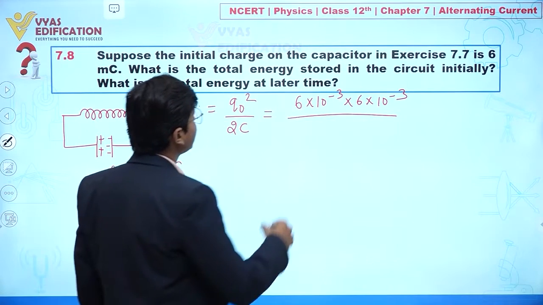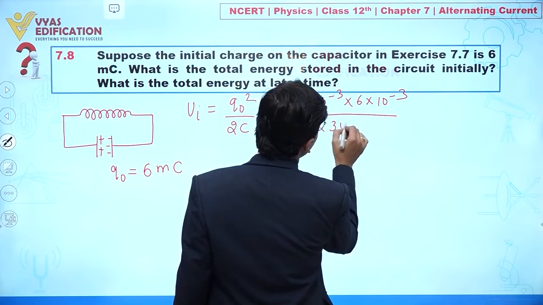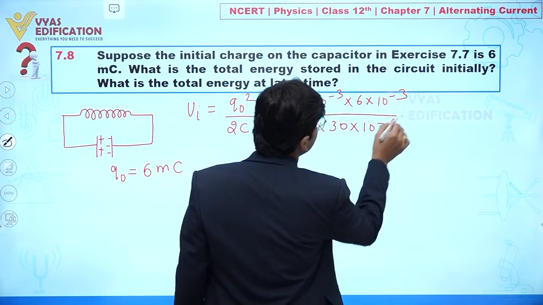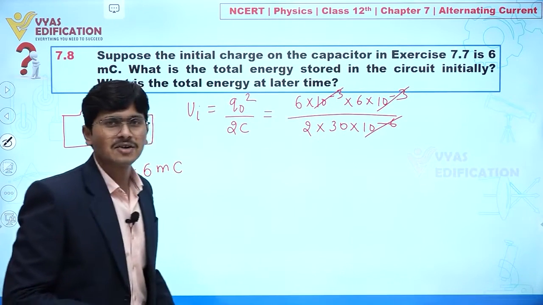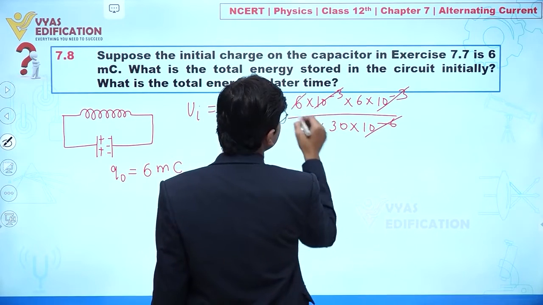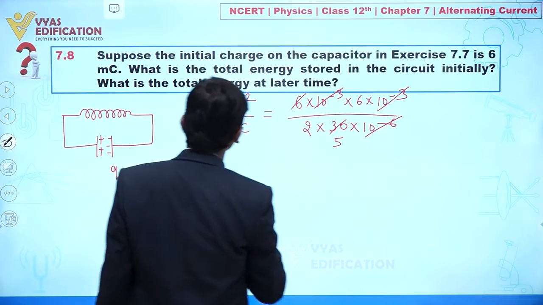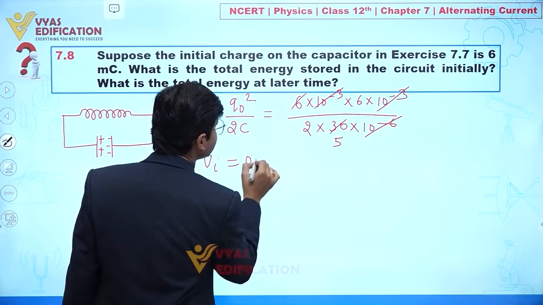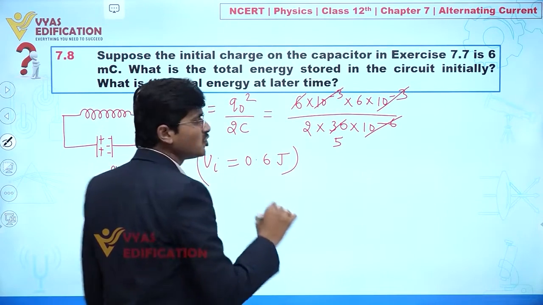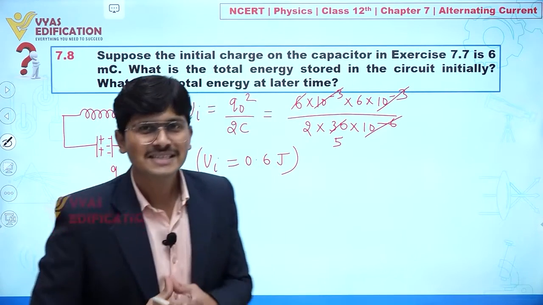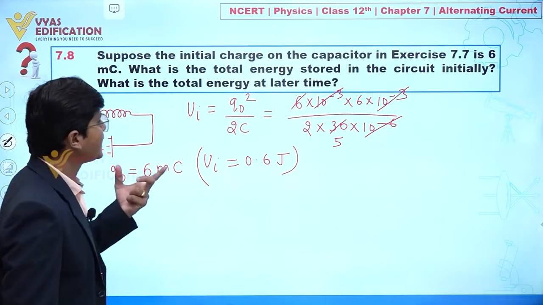So I can write like this, 2 into 30 into 10 to the power minus 6. We can say this one and this one cancelled out. Clear? And I can say this one is 5. Yes. So from here you can say the initial energy is given by 0.6 joule. Clear? 0.6 joule. Clear? This is the initial energy.